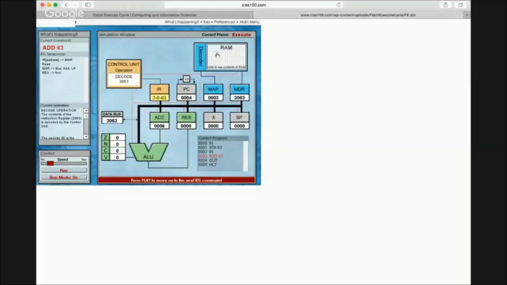So to get what's in 63, what do I need to do? I need to load the memory address register with 63 and then bring down the contents. So 63 will go to the memory address register. And then I will bring the contents of 63 down into the data register.